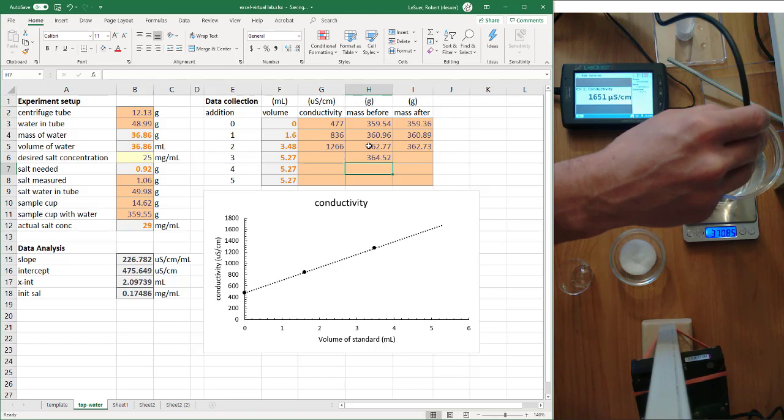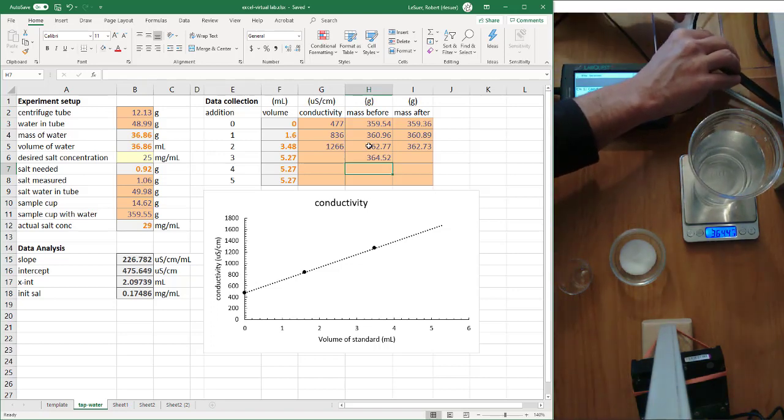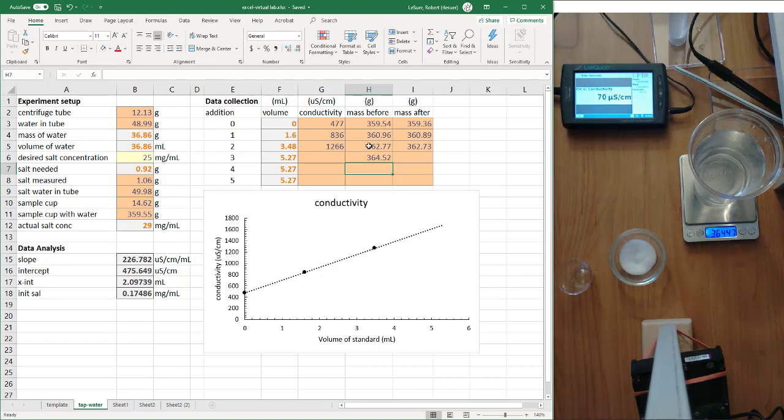And I see 1651 seems to be pretty stable. And measure that.